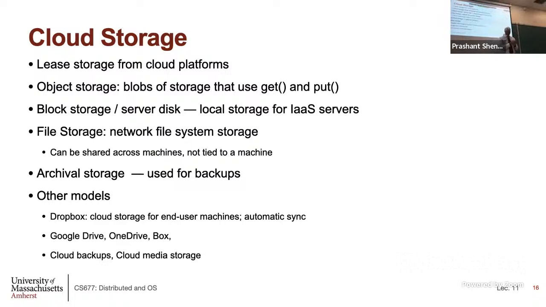It just looks like a remote file server for you. But there's another type of storage cloud called object storage, where you get big blobs of storage, and you can put data in that blob using what are called get and put operations. So you no longer put actual files. You can put arbitrary types of data into that blob. This is called object storage.